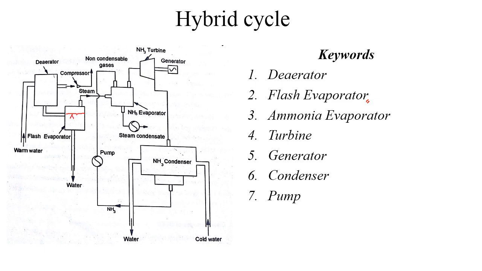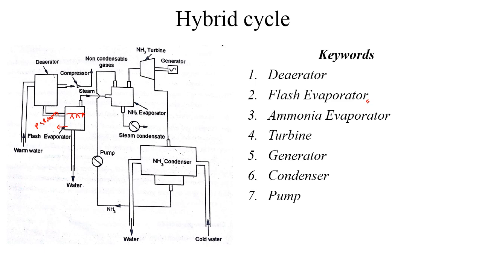We are reducing the pressure, so the pressure in the flash evaporator is less than atmospheric pressure. Because of this, the seawater here gets evaporated and converted into steam. The steam flows to the heat exchanger.